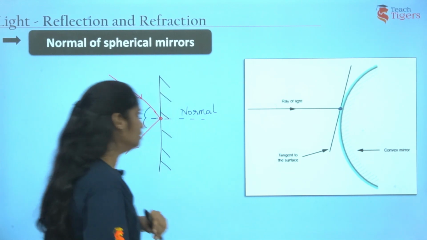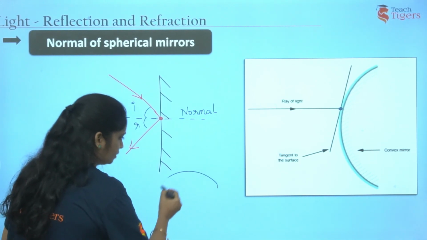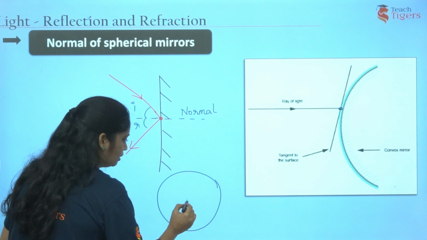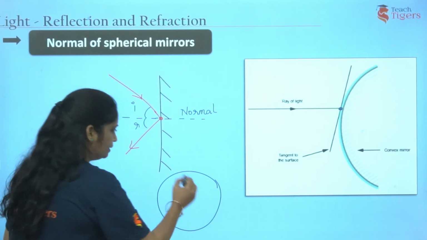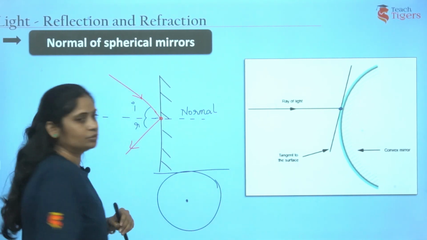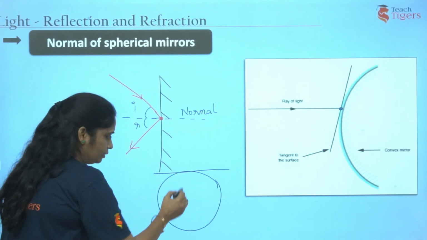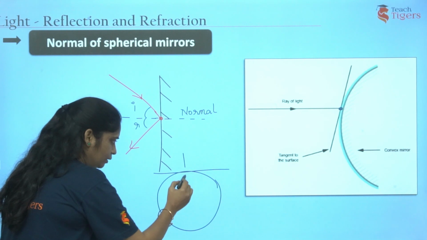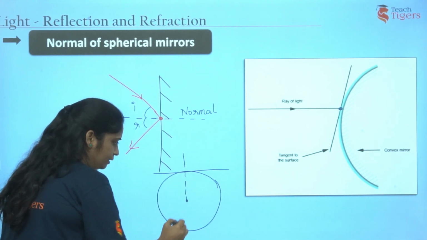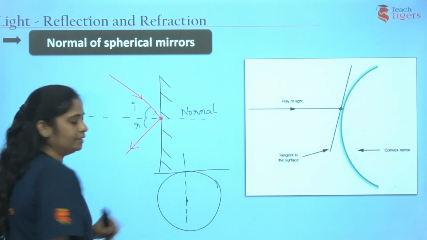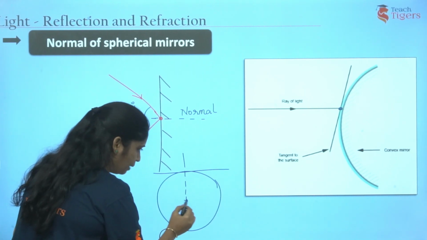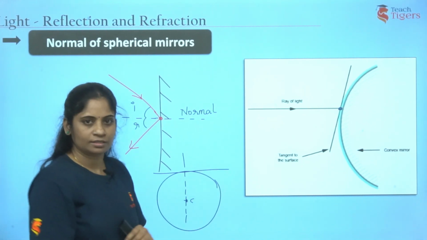You might have seen in circles that you can draw a tangent at any point, and perpendicular to the tangent you can draw a line, and it is observed that the perpendicular to the tangent always passes through the center of curvature of the circle, right?